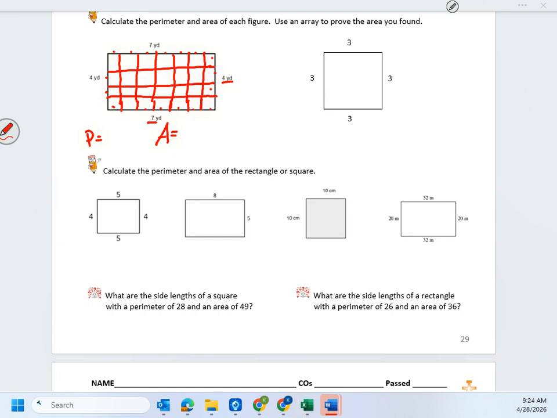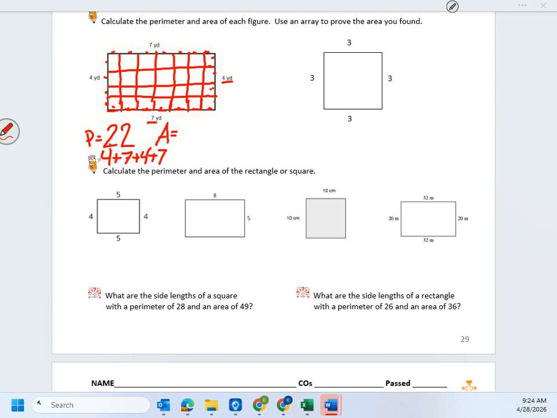Here, let's try that again. 1, 2, 3, up to 22. So our perimeter around, counting each one of those spots, is 22. I could also have done 4 plus 7 plus 4 plus 7. 4 plus 7 is 11. 11 plus 11 gets me that same 22.